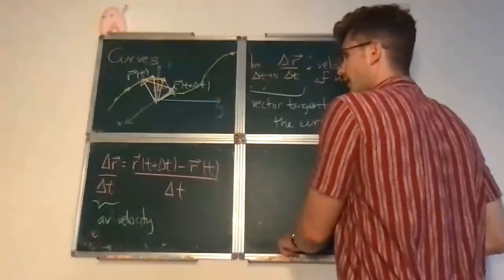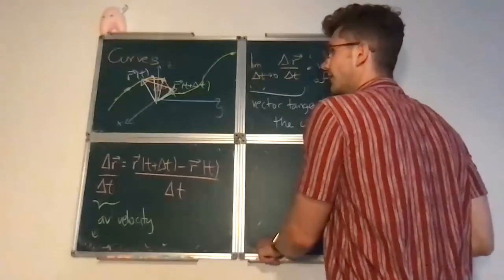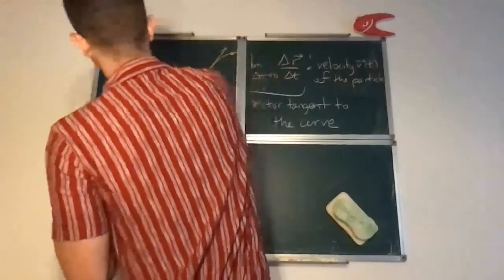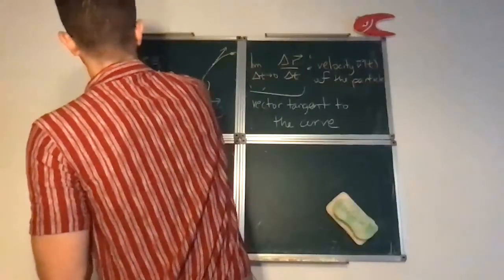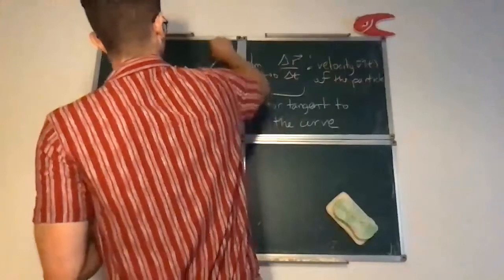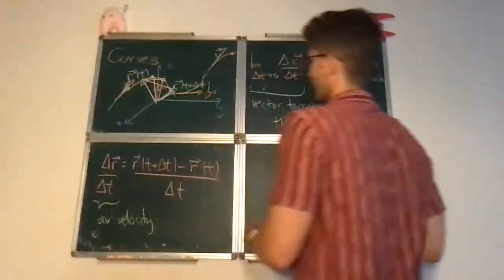Meaning that you should think of the velocity vector of a particle as always being something that looks like this. Well, a bit more tangent. Okay.